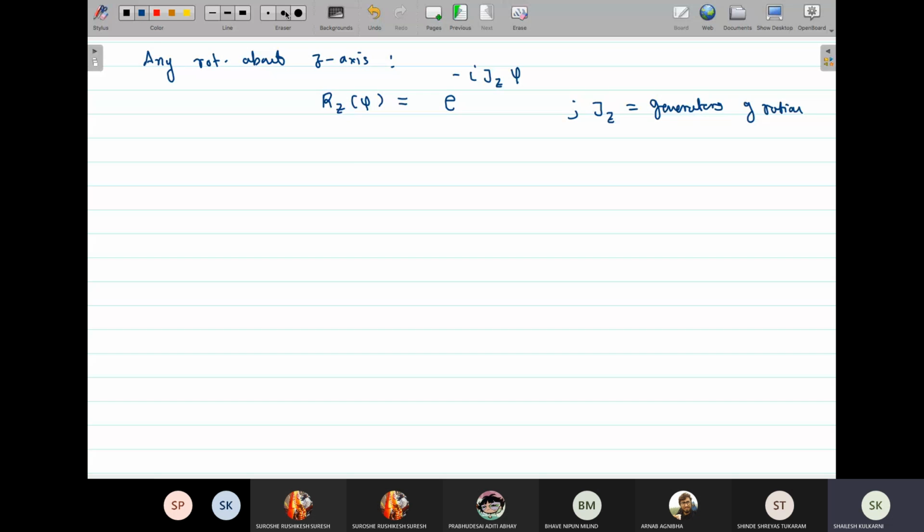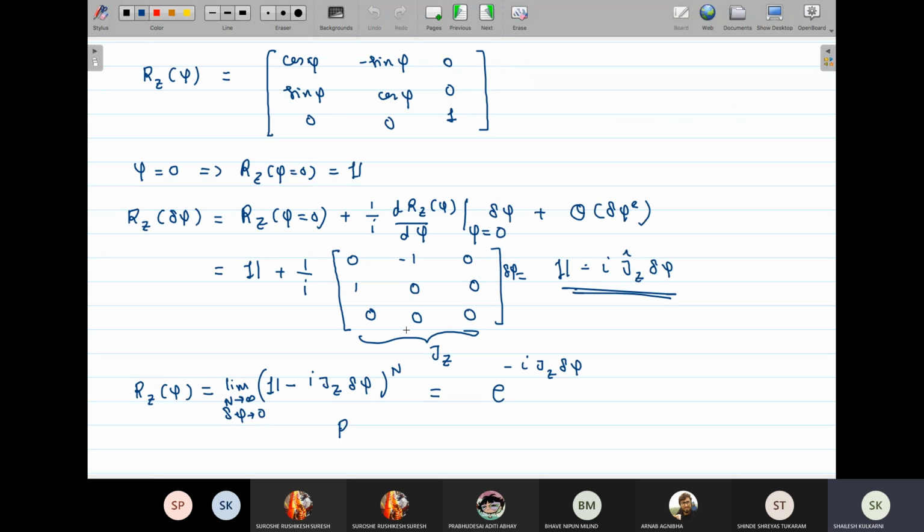Once you obtain Jz for the infinitesimal case, you can use that Jz in this expansion. Multiply by phi and exponentiate, so exponentiate Jz phi basically.